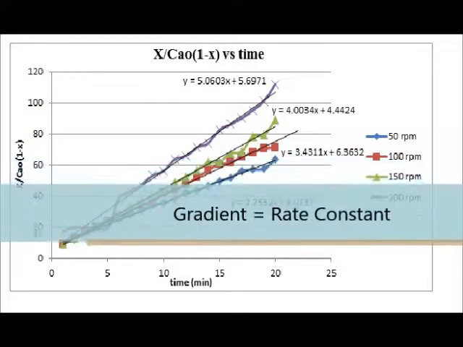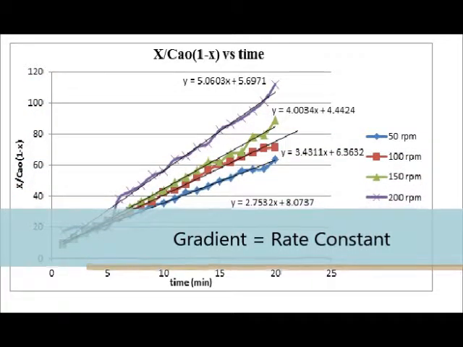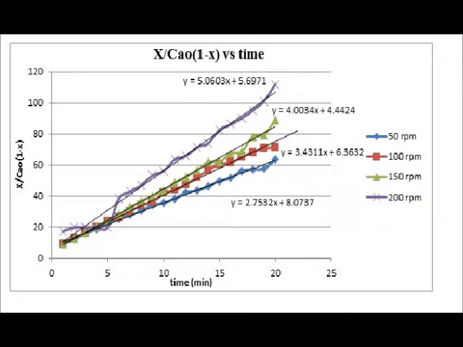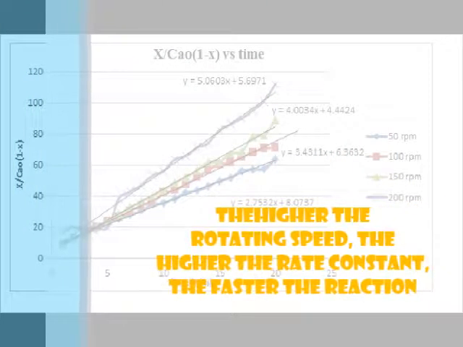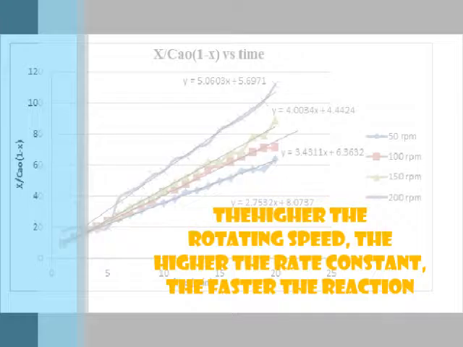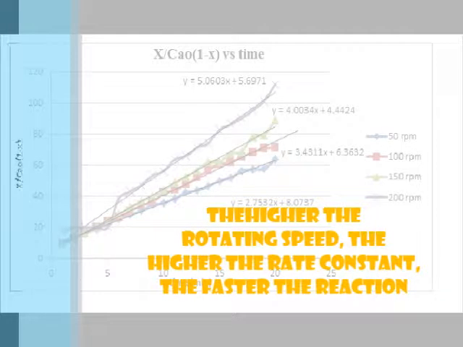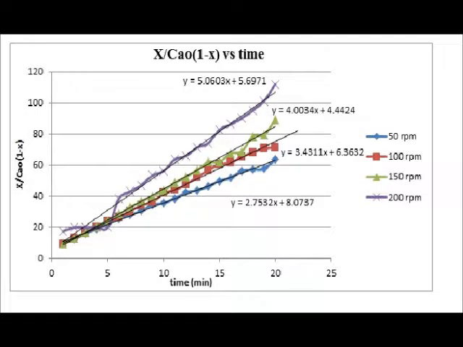Since the gradient of the graph represents the rate constant of the reaction, the higher the rotating speed, the higher the rate constant, which corresponds to a faster reaction time. Based on the experiment, the set with a rotating speed of 200 rpm shows the highest rate constant. Therefore, the reaction takes place faster.